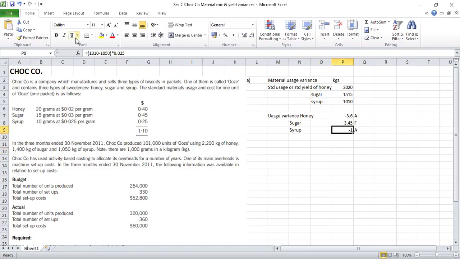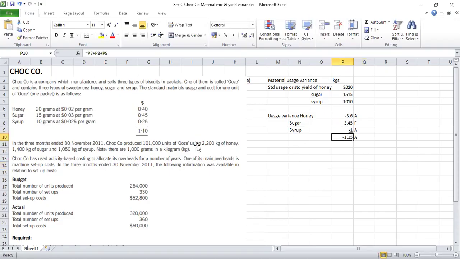So here we have usage variance. We can calculate the net of all three answers: this one is a minus, plus this, and plus this. So we have 1.15 adverse. Why adverse? Because the two adverse are greater than the one favorable.